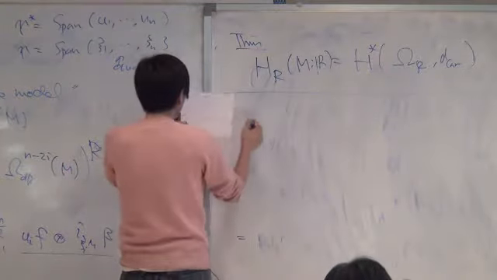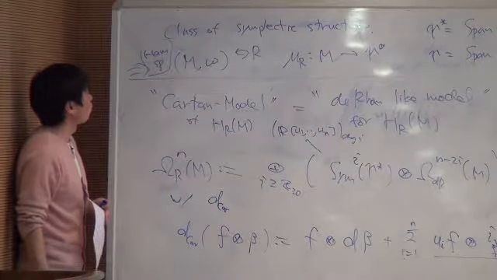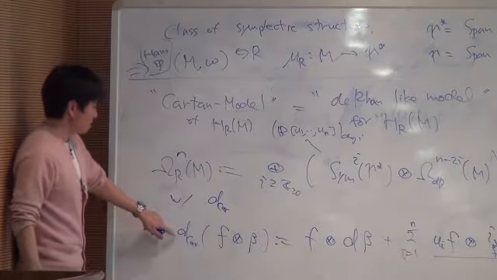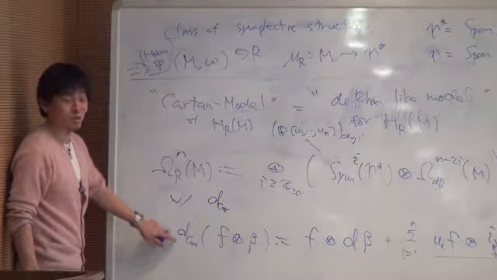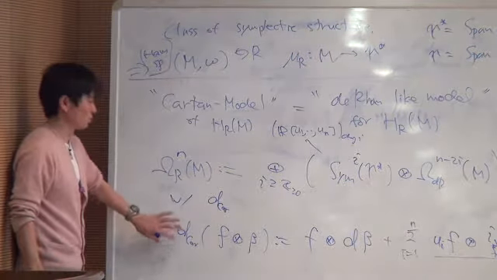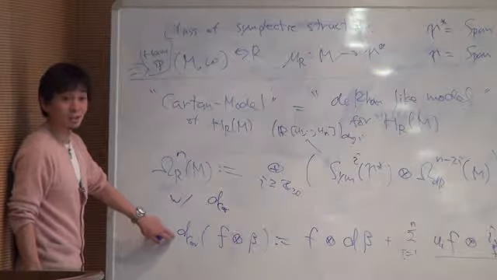All right, so now we have this setup. How can we define the equivariant cohomology class of omega? Basically, I need to get a closed equivariant form, closed with respect to this differential.